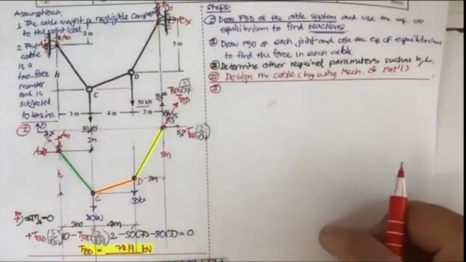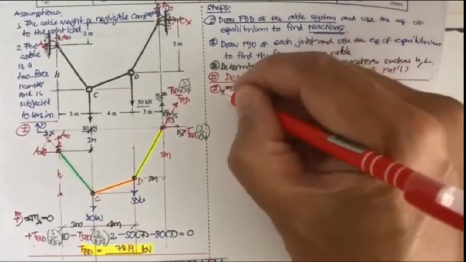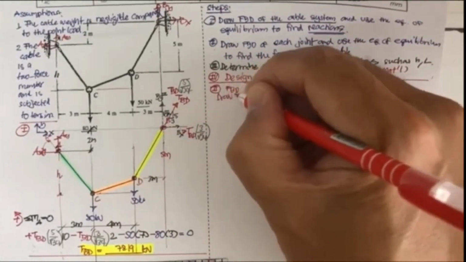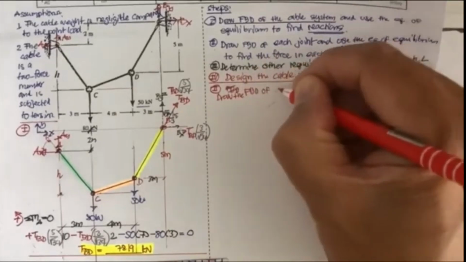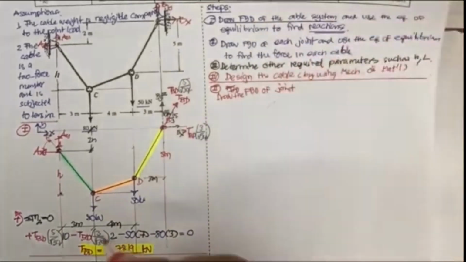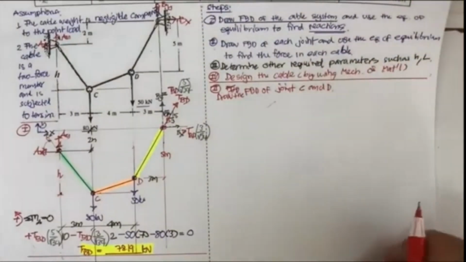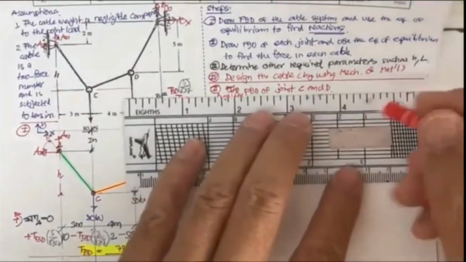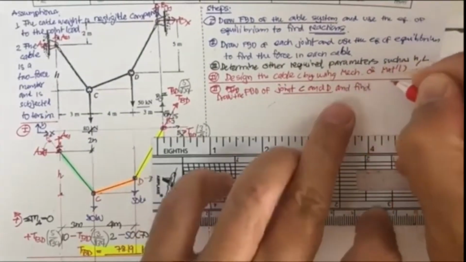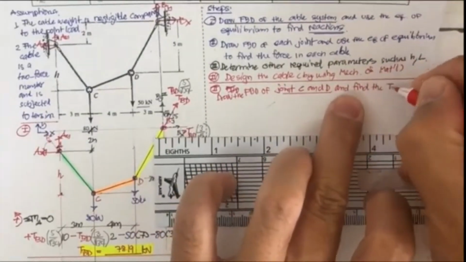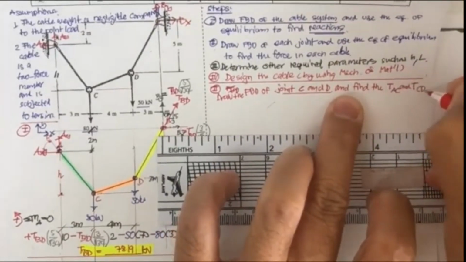Step 2, we're going to draw the free body diagram of the joints. What joints do we have? Joints C and D. Then we will find the T sub AC and T sub CD.